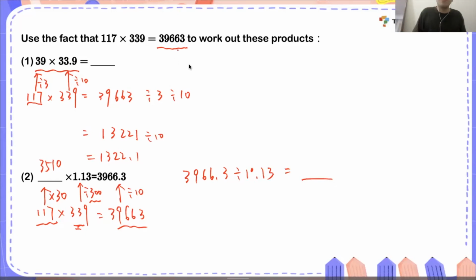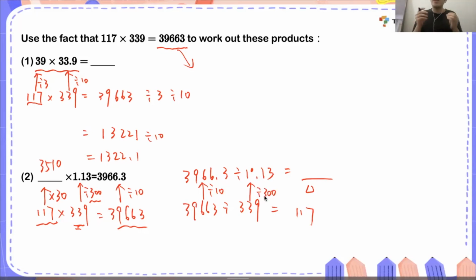And from this original multiplication, how do we find this part? From this dividend, we just divided by 10, right? And how did this change, that is divided by 300.